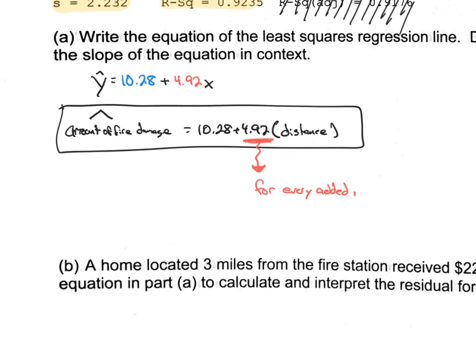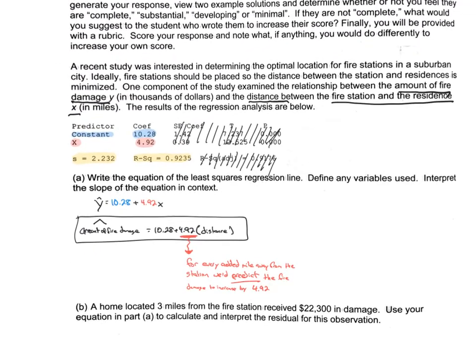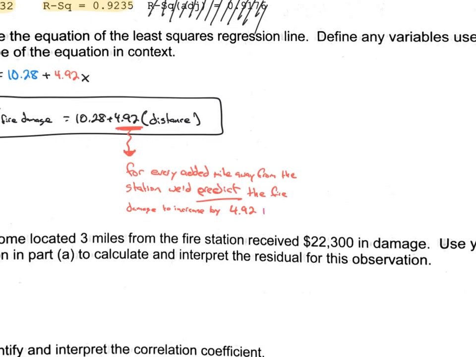For every added mile away from the station, we'd predict, and that's an important word, predict, the fire damage to increase by 4.92, and that is in thousands of dollars. Thousands of dollars.